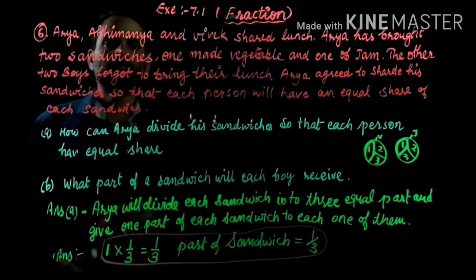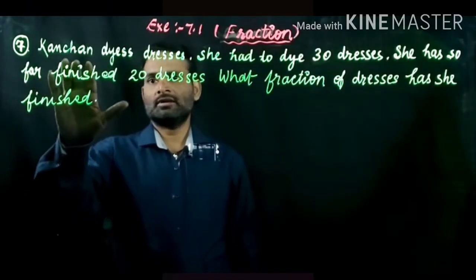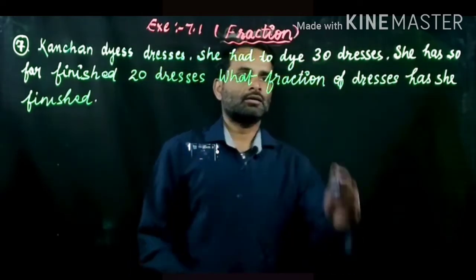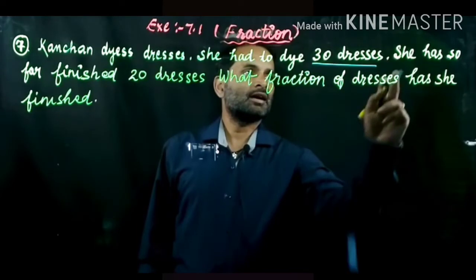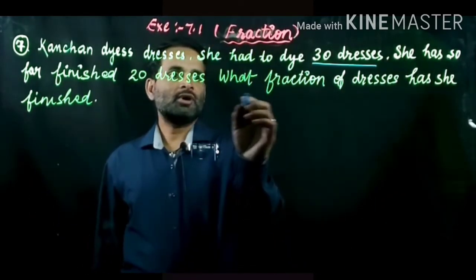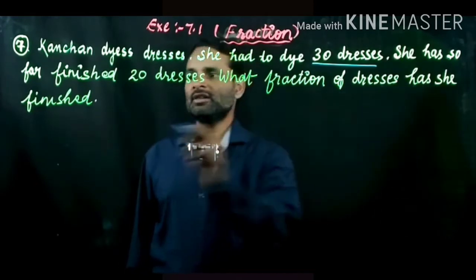Okay. Question number 7: Kanchan dressed dresses. She had to dress 30 dresses, and she has finished 20 dresses. What fraction of dresses has been finished?